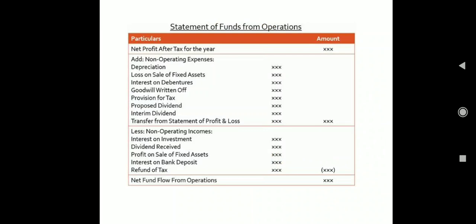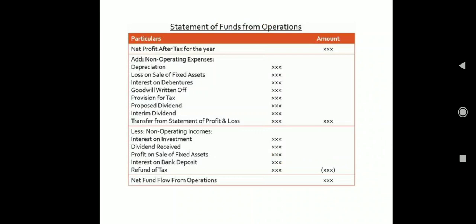So all those items we are going to add back into the net profit, and after that we have to deduct items of the same nature, non-cash and non-operating or non-fund, but here it will be incomes or gains. We have to add back expenses and losses which are in the nature of non-cash and non-fund, and we have to deduct income and gains in the nature of non-cash and non-fund.